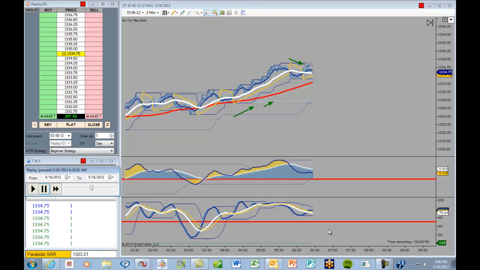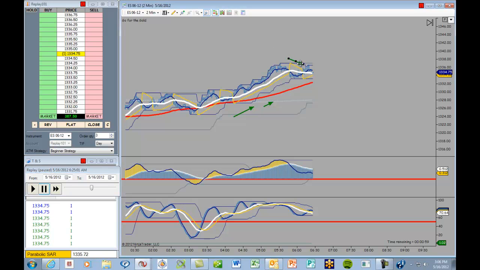Okay, we've got the faster stochastic peaking above the slower and then turning around and starting to head back down. The MACD has remained bearish the whole time. We've got a curve on the blue moving average. The white still has a downward bias.